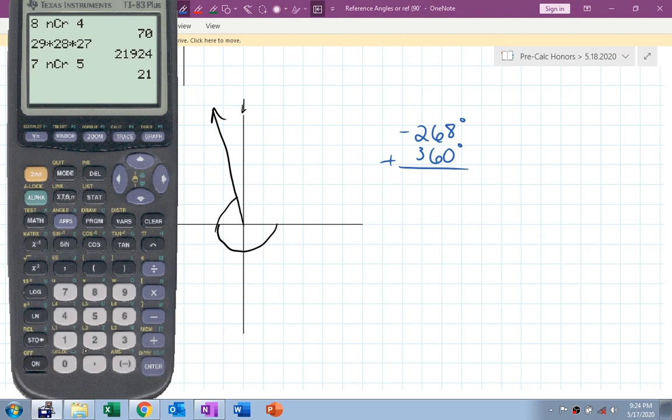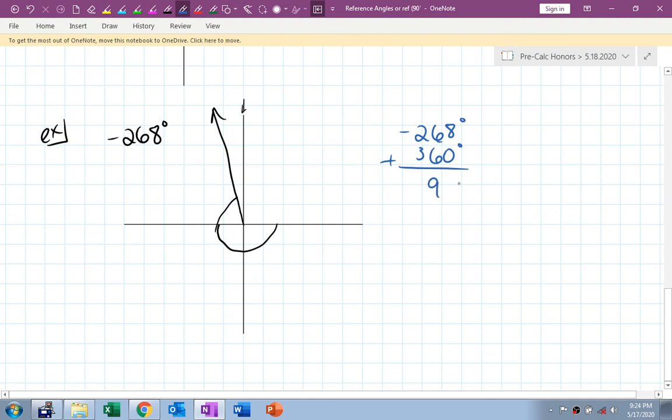Negative 268 plus 360 gets 92 degrees. So this angle is 92 degrees. My reference angle is 180, because I'm in the second quadrant, minus my angle between 0 and 360, 92. And I get 88 degrees.